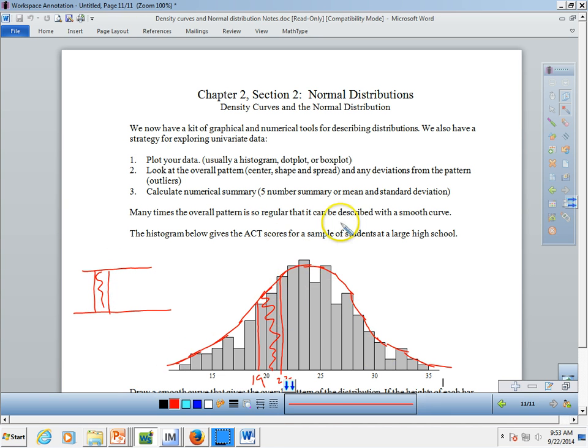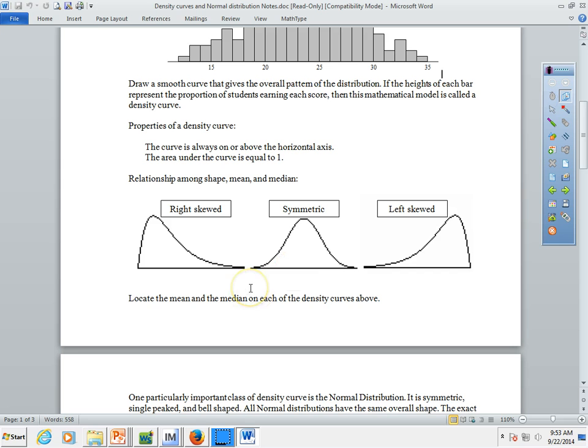But when there's an actual curve involved, we need higher order math, definitely higher than what we want to talk about. But that's why we're going to keep talking about area under the density curve, because it lets us know what proportion of individuals are in certain intervals. We'll discuss why they have to be intervals later.